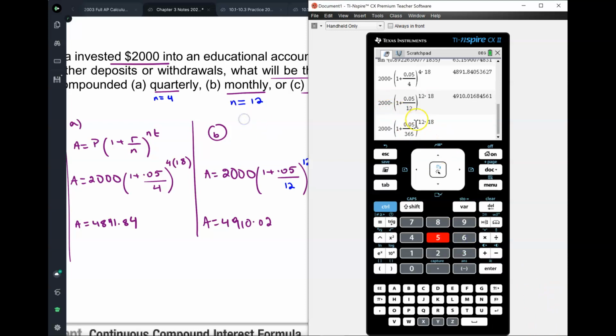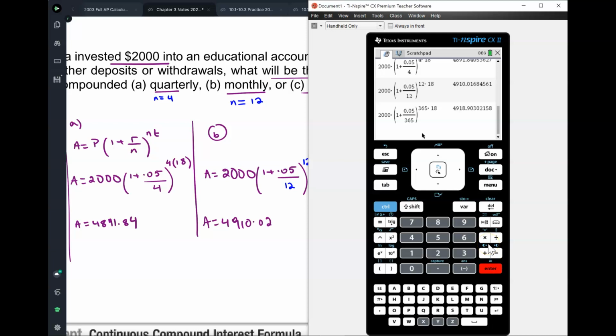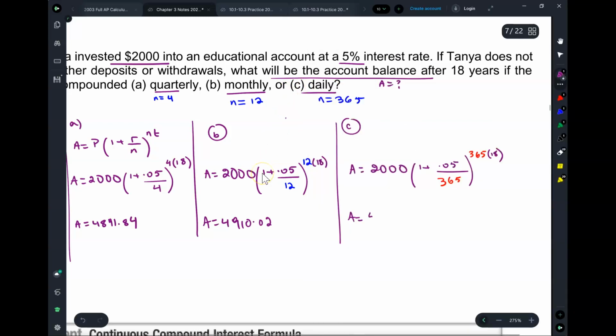So 365, 365, okay, 4898 and 90 cents. Okay, so a whopping $8 more than the previous one over the 18 years.